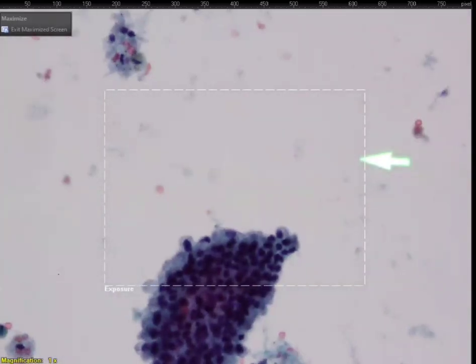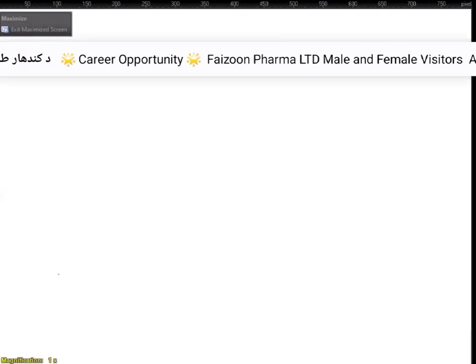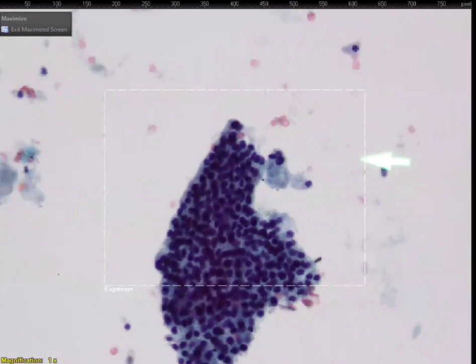So we have a few things on the table. Very good. Any immunos we can do to help us out? TTF1, CK.